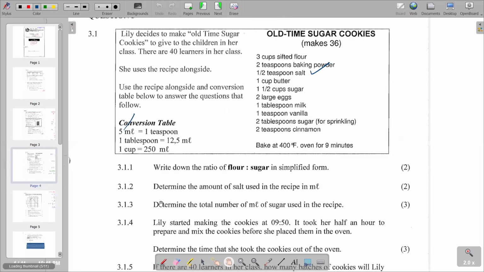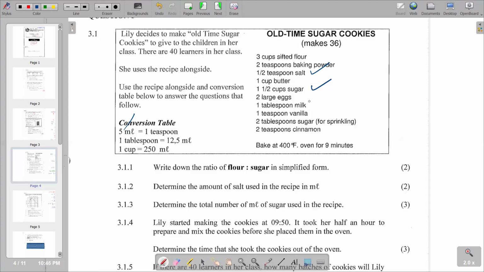Then we go to the next one, 3.1.3. Determine the total number of milliliters of sugar used in the recipe. So this is going to be our next calculation. We can refer to the recipe to see the total number of milliliters of sugar, whereby for sugar we see that we put 1.5 cups.